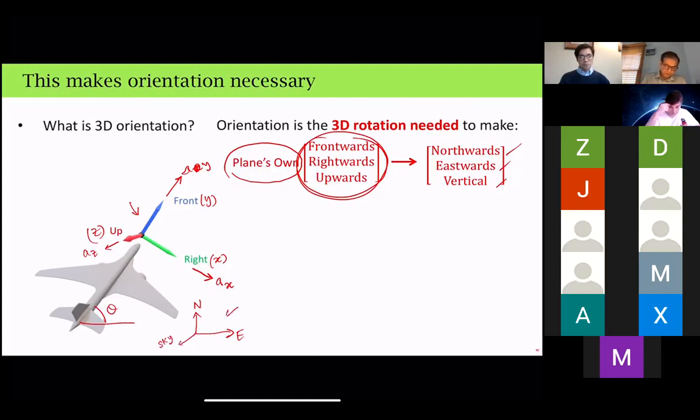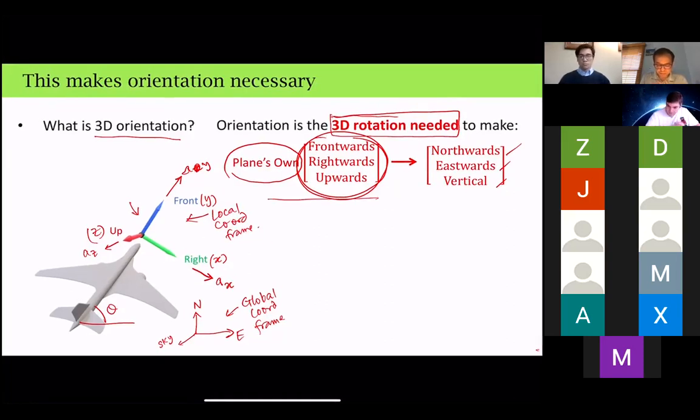Okay, so this is called the global coordinate frame, and this is called the local coordinate frame. Make sense? So 3D orientation is the 3D rotation needed to make the plane's local coordinate frame go to the global coordinate frame.